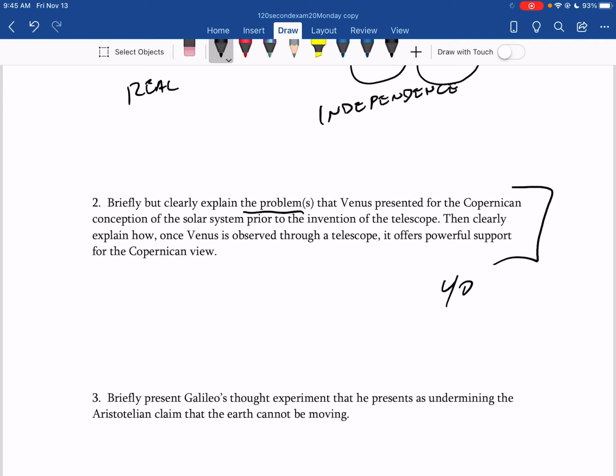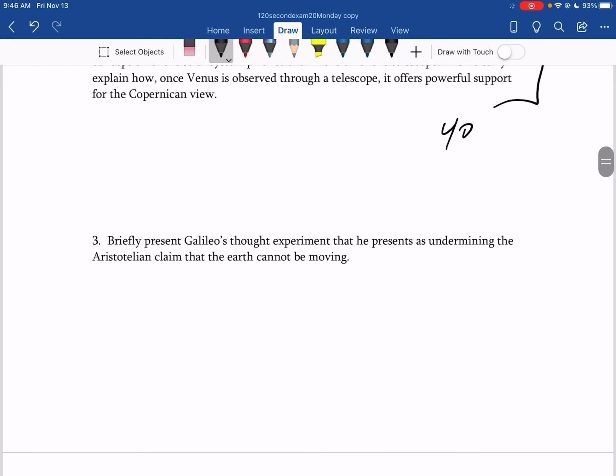So really, Galileo did two things. He used the phases of Venus to counteract the evidence against the Copernican view, because there's no perceived variation in brightness, and the very evidence that counteracts that apparent counter evidence is also positive evidence for the Copernican view. You didn't have to say it in that kind of detail, but you had to get in that ballpark.